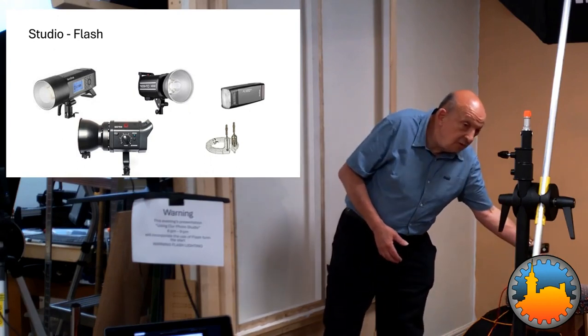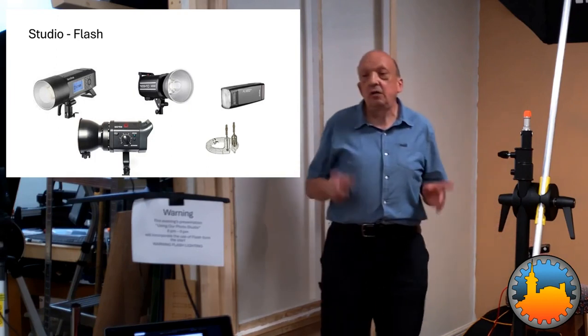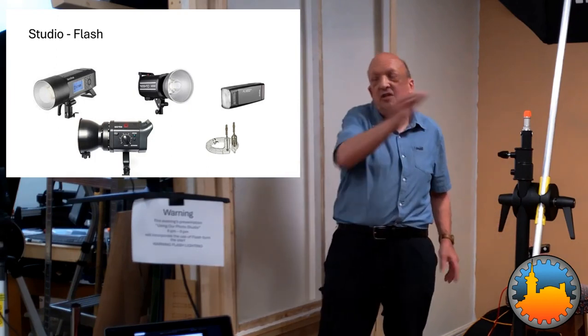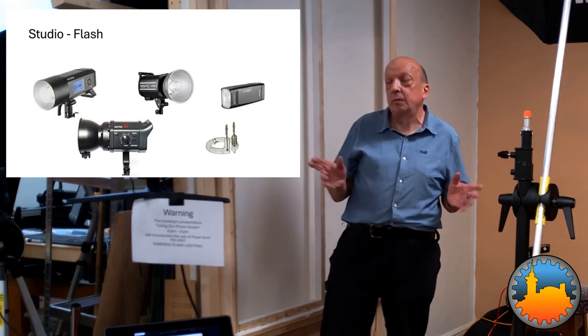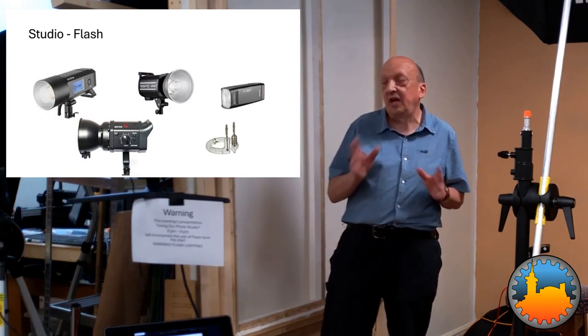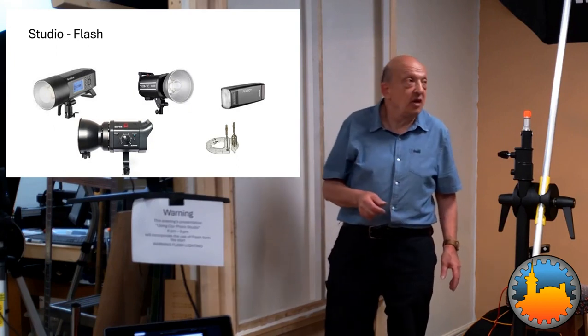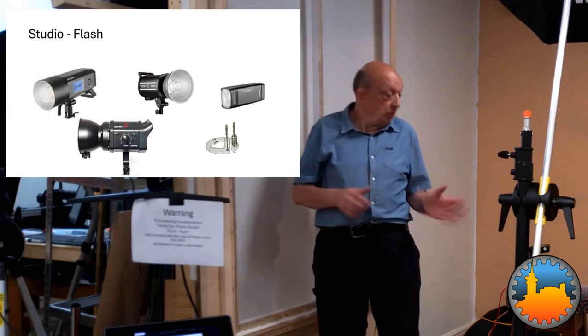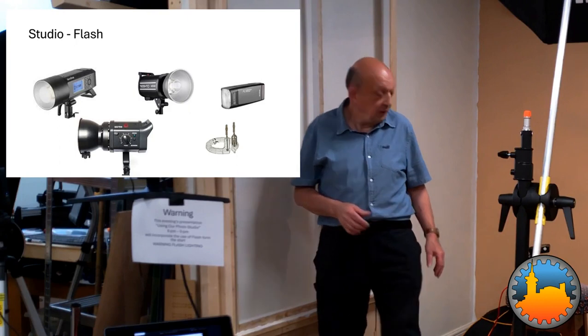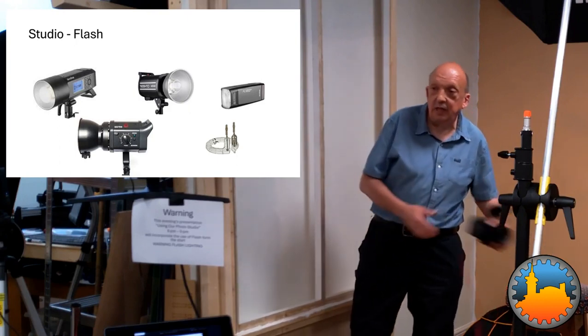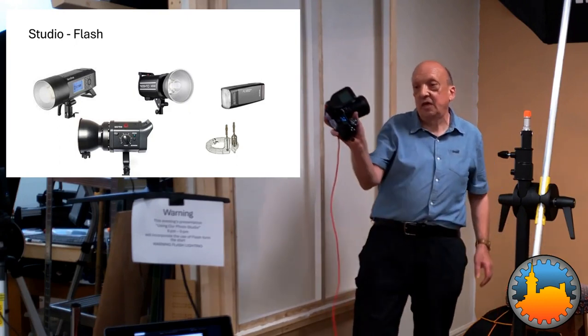In addition to that, you can actually take each of the flashes and put them into a group. Essentially what that does is it allows you to control each of the flashes independently. So every flash in group A will adopt the setting you put on that. Every flash in group B similarly. So you've got a number of groups.